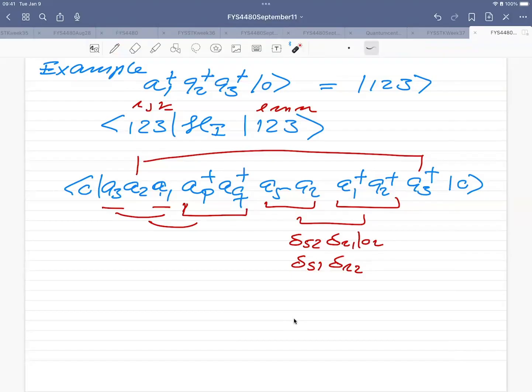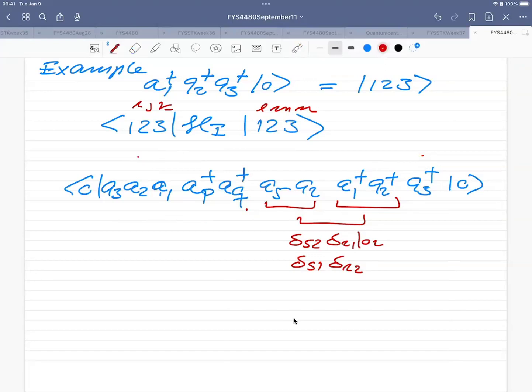So in this particular case, we see that this type of contraction has to be 0 because 2 is not equal to 3, at least as far as I remember. So let's now just wipe that one out, and this one.